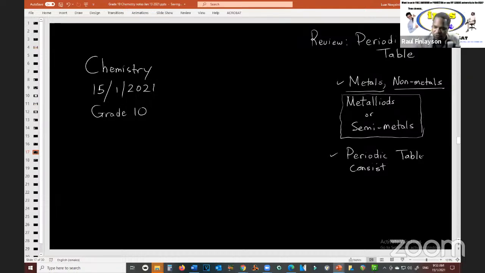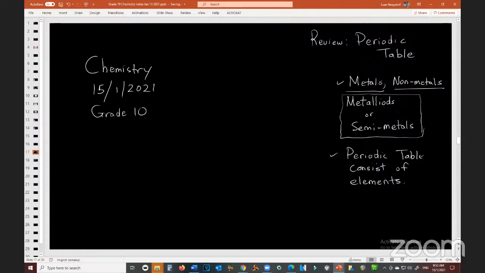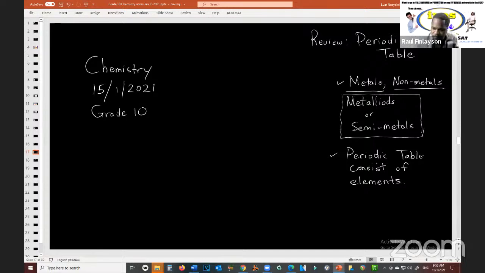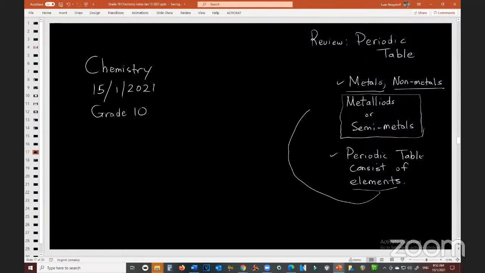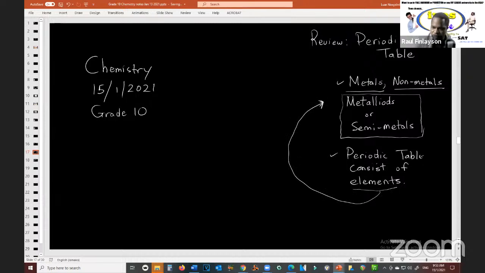So the periodic table consists of elements, which are either metals, non-metals, or metalloids, also called semi-metals.